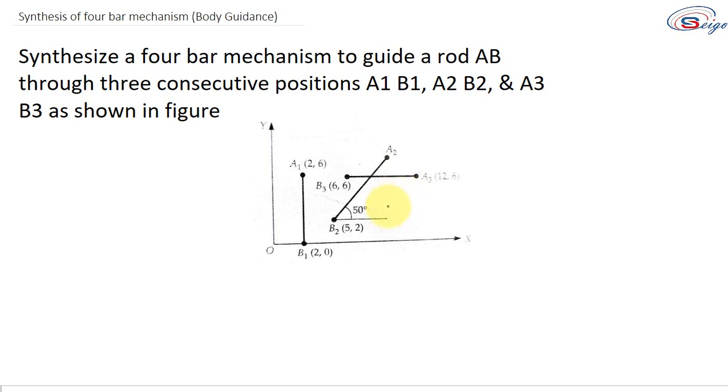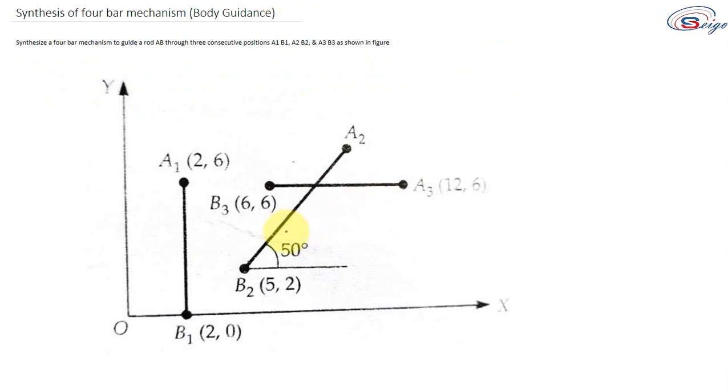Next I will explain how to carry out the synthesis. First of all, join A1 and A2. Then draw the perpendicular bisector of the line A1, A2.